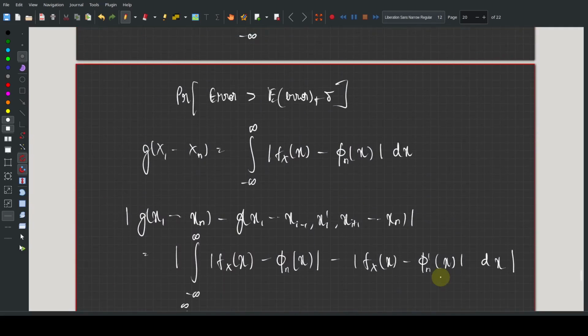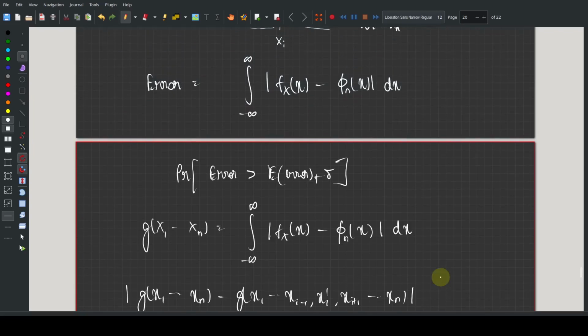But now we don't really know what the error is. What is the expected value of this particular error, right? In principle, it could be large, but how large can it be?